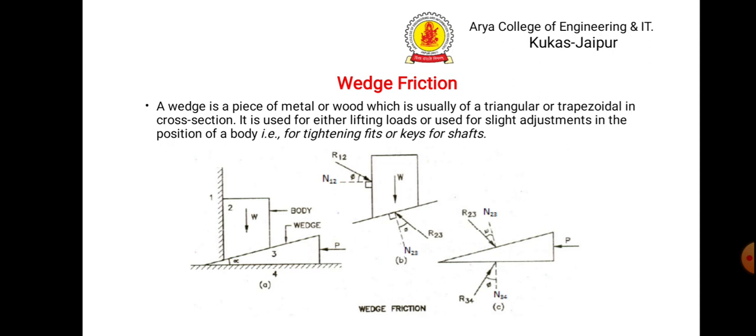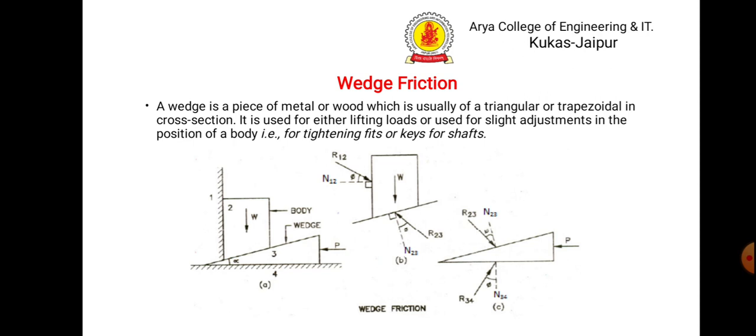So if the reaction is R23, it is inclined at an angle of phi, that is your angle of friction, in the direction of motion, and this will be your R23. One more reaction, because the rubbing happens with the wall and the body also, so the normal reaction is N12. The motion is in the upper direction, so we move it, and the total reaction will be R12 at an angle phi in the upward direction.